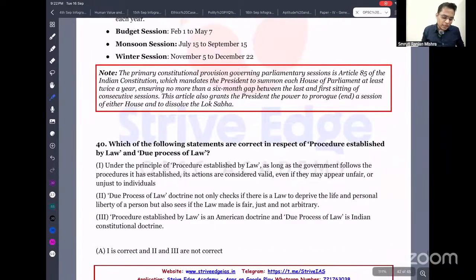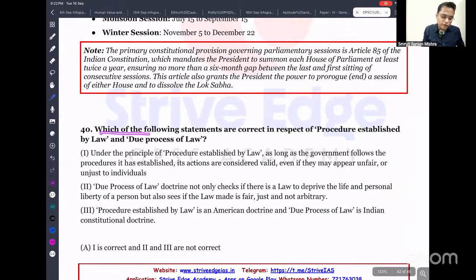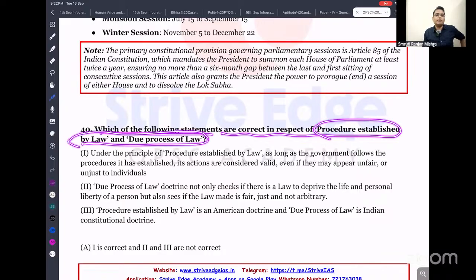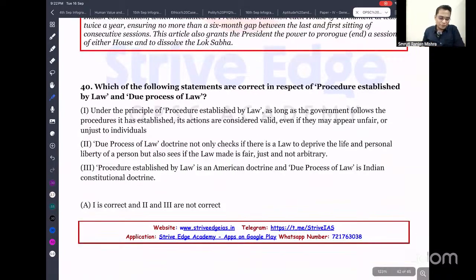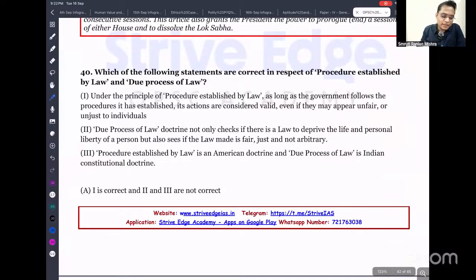Okay. So the next important question is, which of the following statements are correct with respect to due process of law and procedure established by law? I think if you have watched my previous lecture, yesterday also we discussed the same question. Listen very carefully. Due process of law is an American concept.